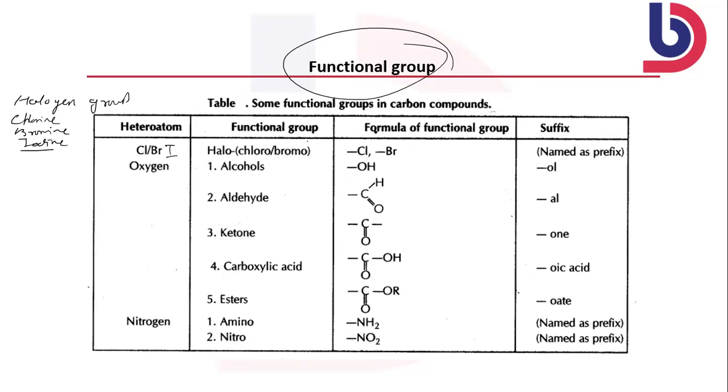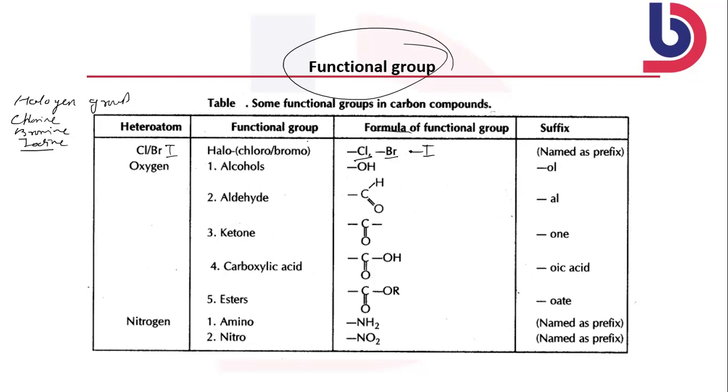And this will be the functional formula for the halogen group, and they already come with the bond. Cl for chlorine, Br for bromine, and I for iodine. So whenever you are going to attach with the carbon, you will use this functional group. You cannot write chlorine, bromine like this. You have to use the functional formula to attach in the carbon chain.